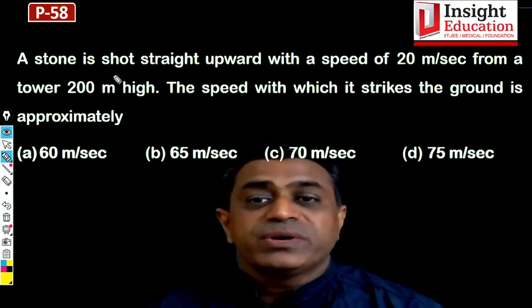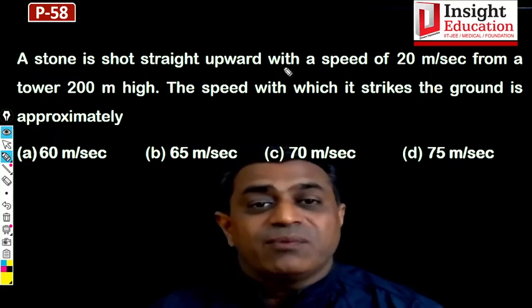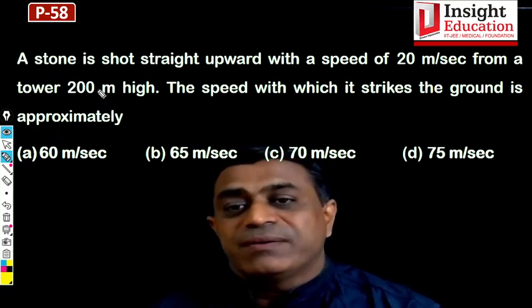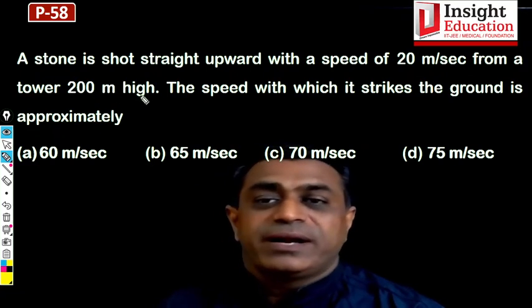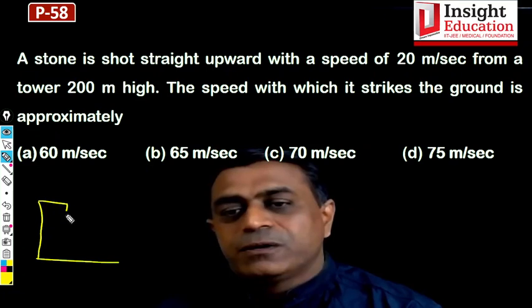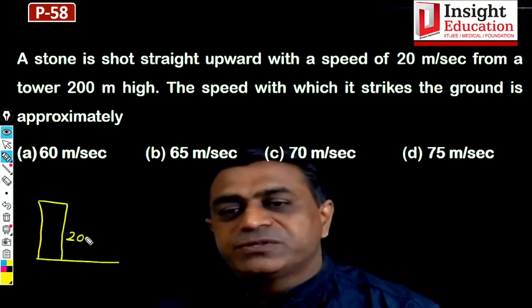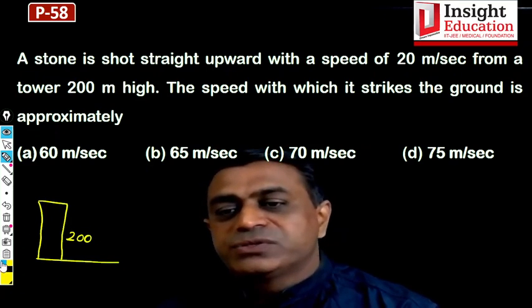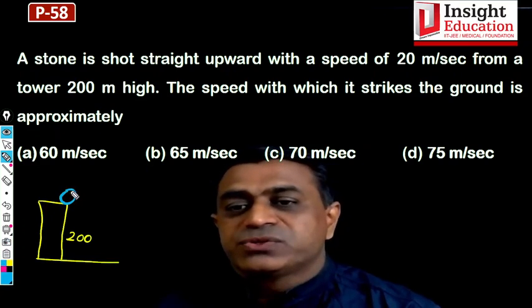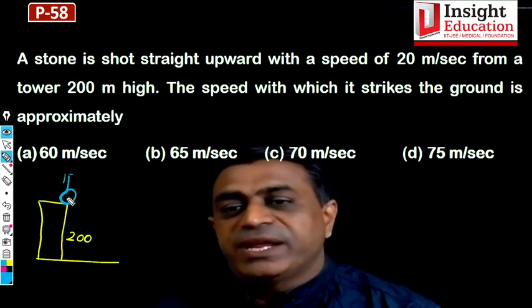So now a stone is shot straight upward with speed 20 meter per second from a tower of 200 meter height. The height of the tower is 200 meter, and the stone is shot straight upward.